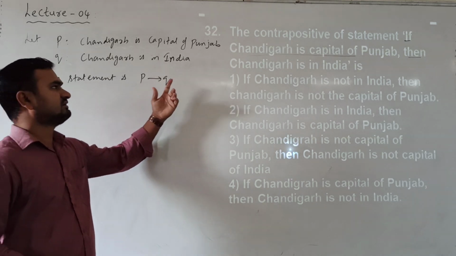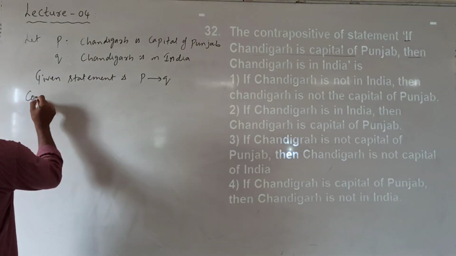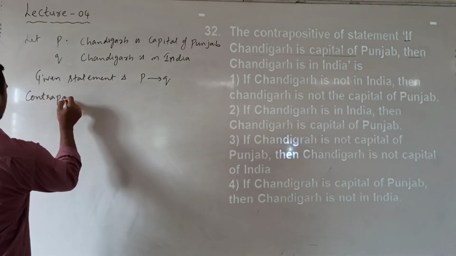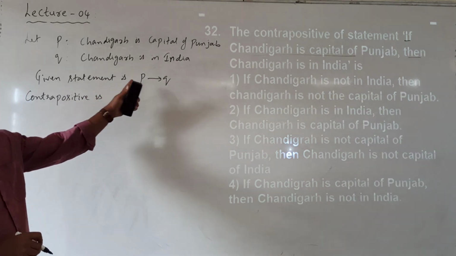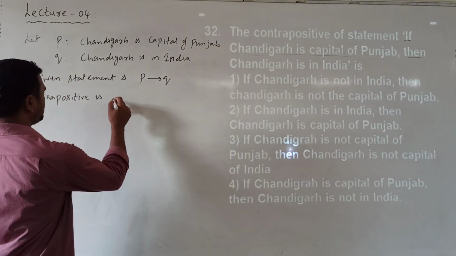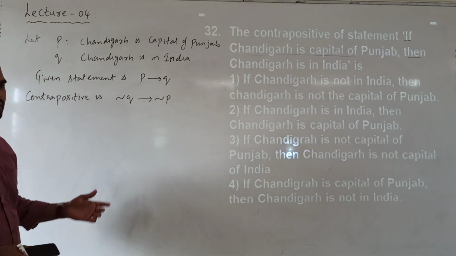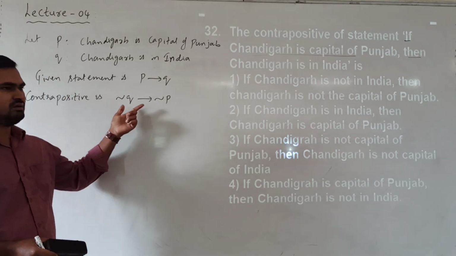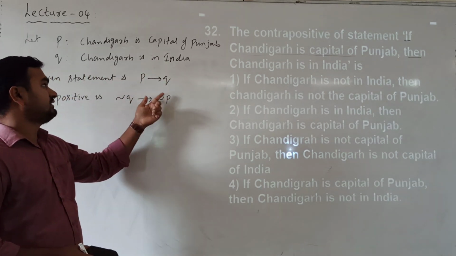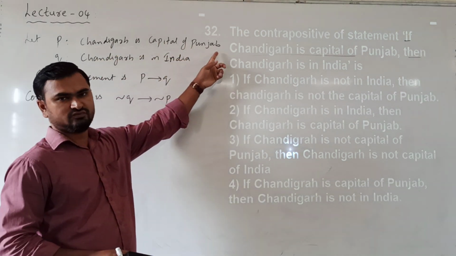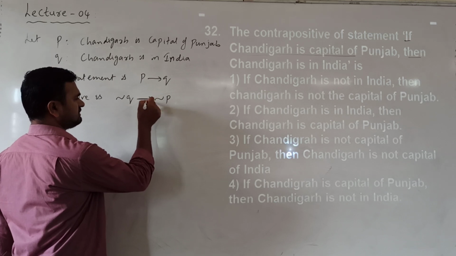Now for this statement, you have to find a contrapositive. So how can I contrapositive now? Contrapositive for P implies Q, we know it is negation Q implies negation P. Now negation Q means Chandigarh is not in India. Negation P means Chandigarh is not capital of Punjab. Now for these two, we need an implication. So how do we write implication?